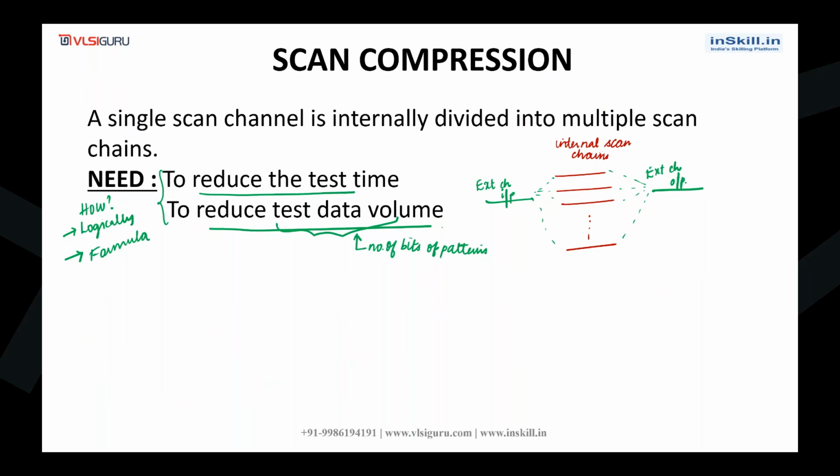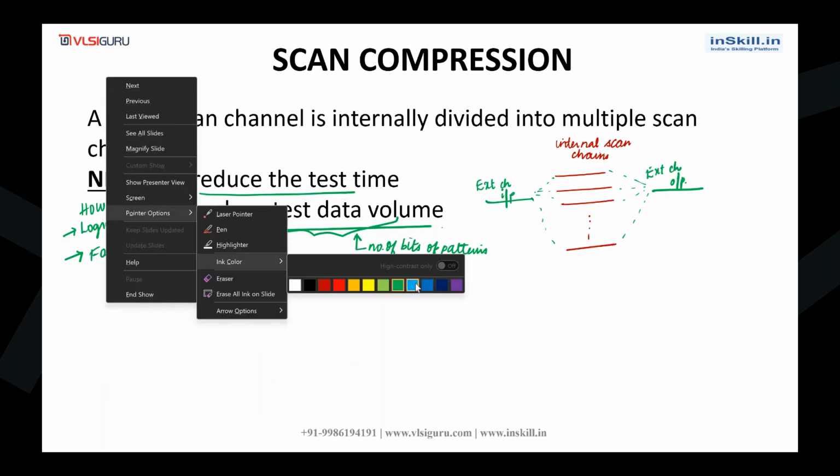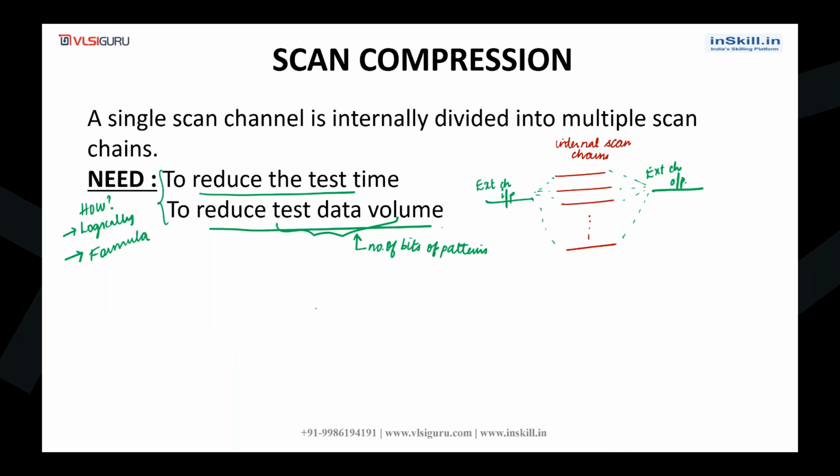So what is scan compression? Internal scan chains are compressed into external channels. Now, if you're using Mentor Graphics tools, then in order to achieve scan compression, you will be adding a logic called EDT logic.